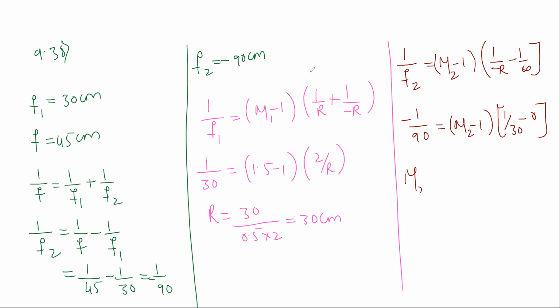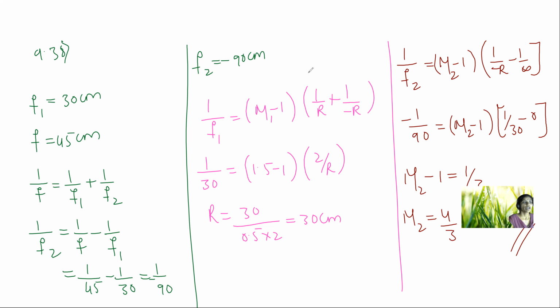So therefore mu2 minus 1 is equal to 1 by 3, or mu2 is equal to 4 by 3, that is 1.33. So the refractive index of the liquid is 1.33. This is also very easy but you have to try to understand.